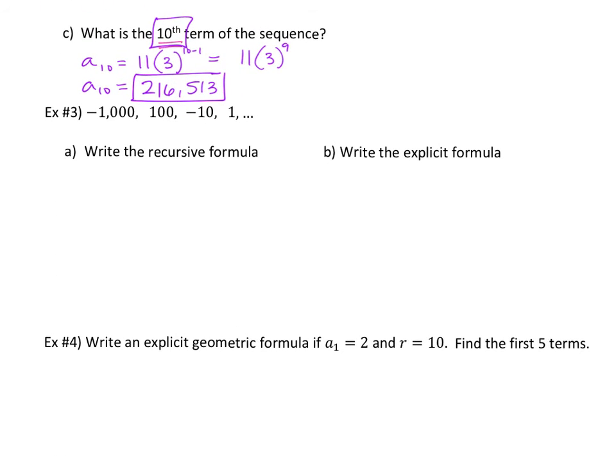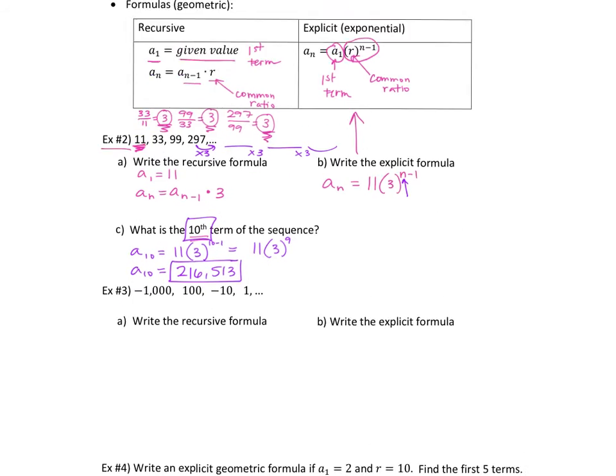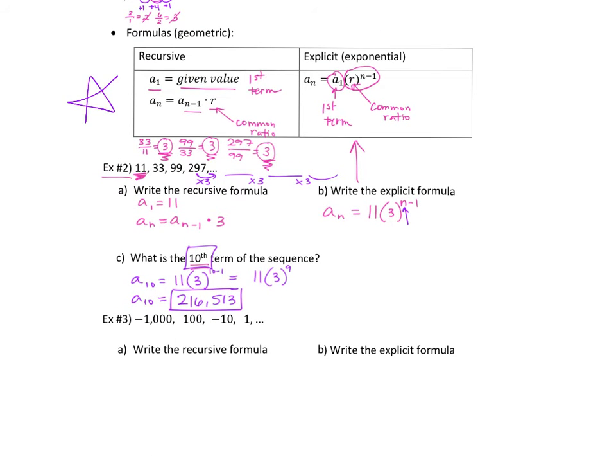Moving on. Example 3 here, it says write the recursive formula, write the explicit formula for negative 1,000, 100, negative 10, and 1. Okay, like I said, the recursive formula, we're just using this stuff still.